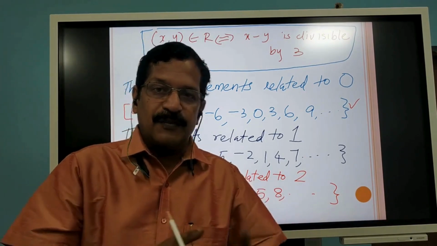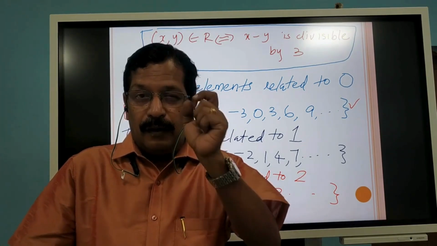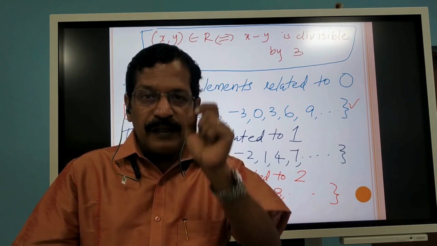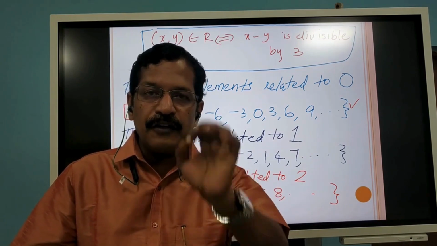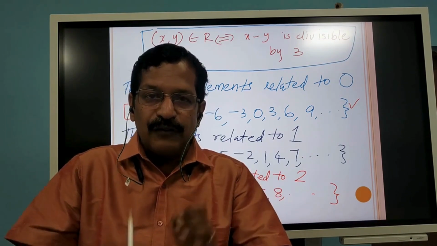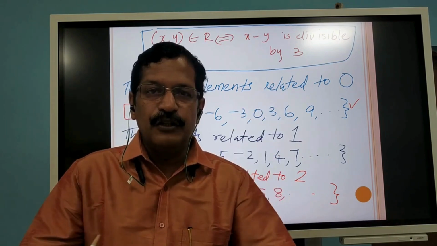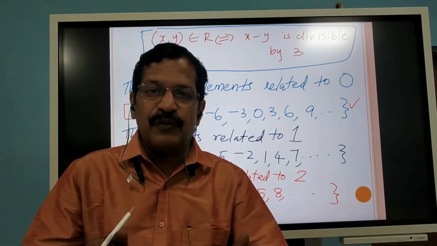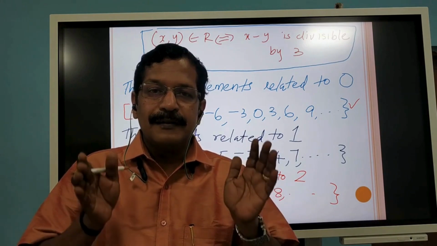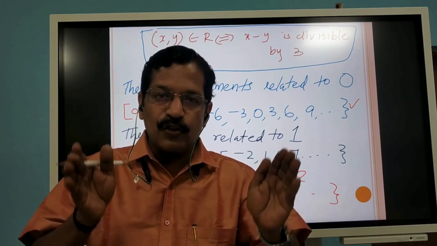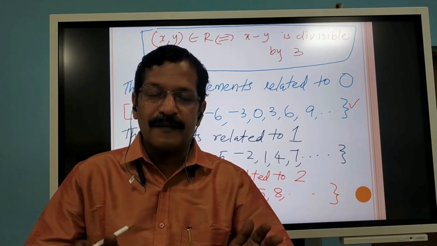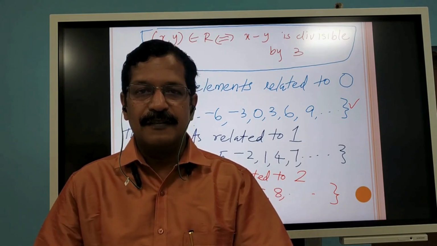So, here comes the important result. Every equivalence relation defined on a set divides the set into pairwise disjoint equivalence classes or sets, known as a partition of the set.